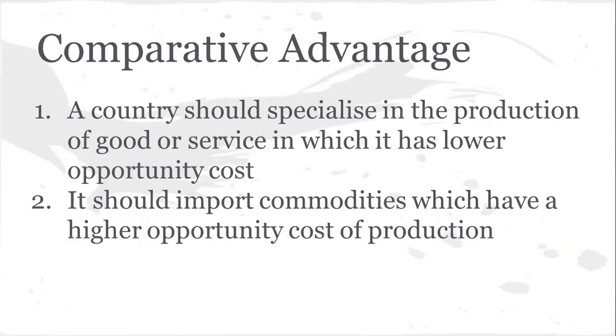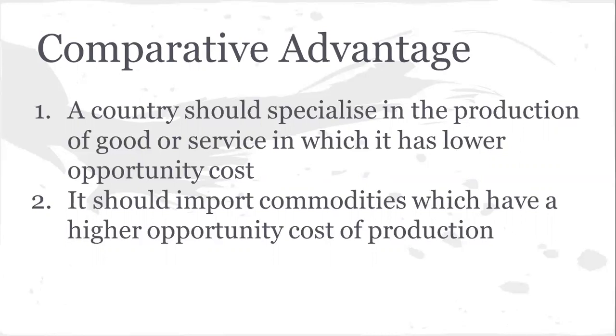According to this theory, a country should specialize in the production of goods or services in which it has a low opportunity cost. These two points are the nutshell of the theory. The very first is that it should specialize in whatever it produces best, at the lower opportunity cost. And it should import commodities which have a higher opportunity cost of production.